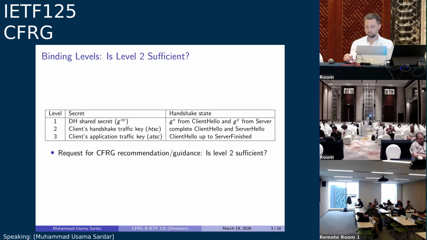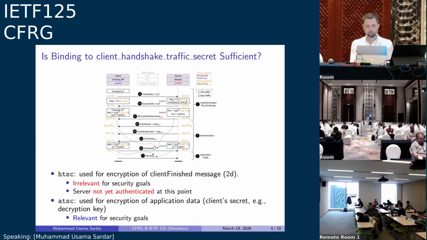The third level is the application traffic secret of the client, which covers everything all the way up to the server finished, which means that again it is strictly stronger than the second one. And the question I have for the research group here is whether level 2 is sufficient. That's something that came up at the chartering time of the SEAT working group.